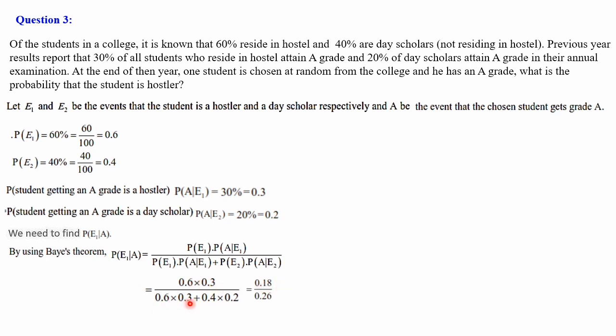Then 0.18 plus 0.08 is 0.26. That is equal to 18 divided by 26. Multiplying numerator and denominator by 100, 18 by 26 will come. When we cancel the common factor 2, that is 9 divided by 13. So the required probability is 9 by 13.